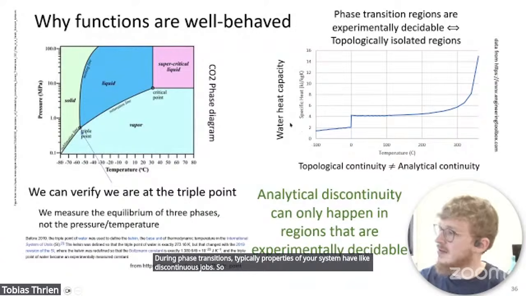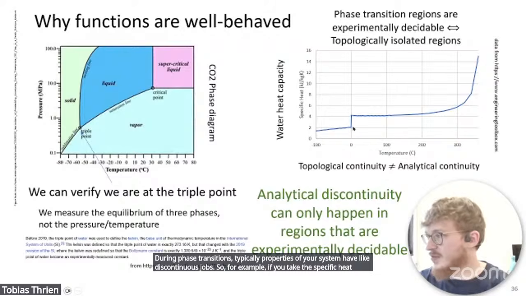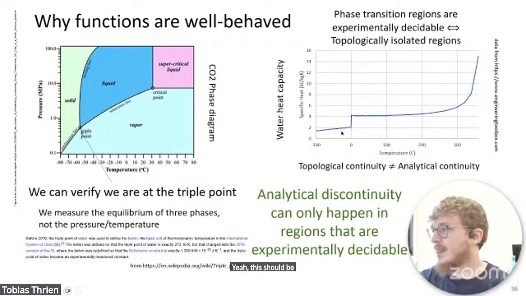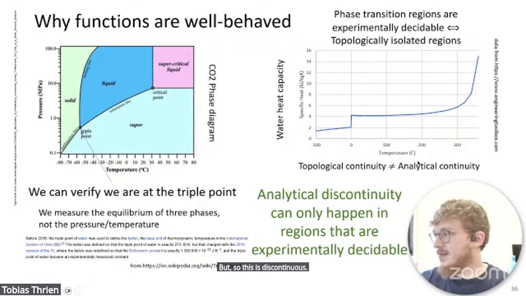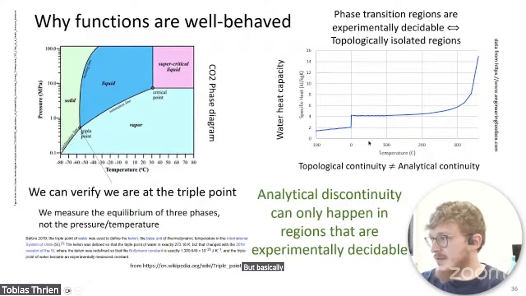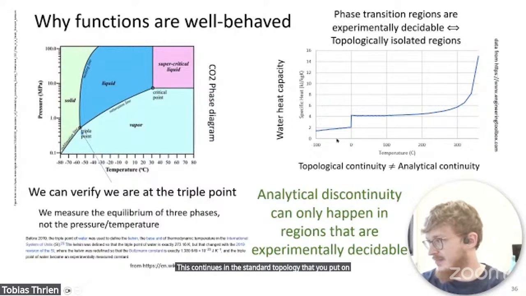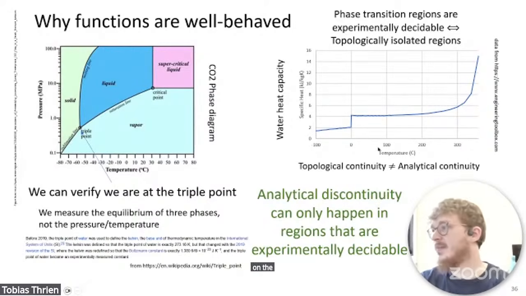For example, if you take the specific heat, this should be water, it jumps during the phase transition here. So this is discontinuous, but basically, this is discontinuous in the standard topology that you put on the temperature.